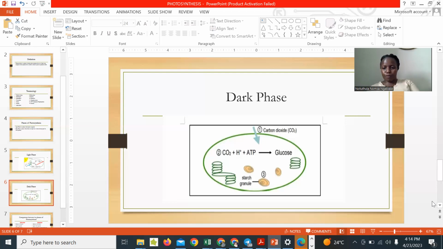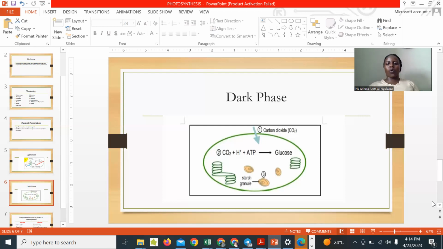I'll repeat again from the top. We're saying the dark phase occurs in the absence of light, but it occurs during the light phase. So your carbon dioxide is going to enter the leaf from the atmosphere via the stomata.